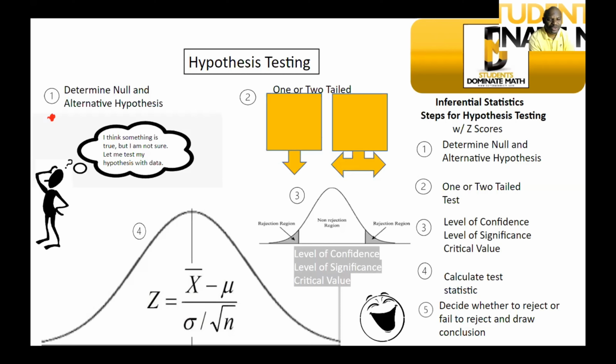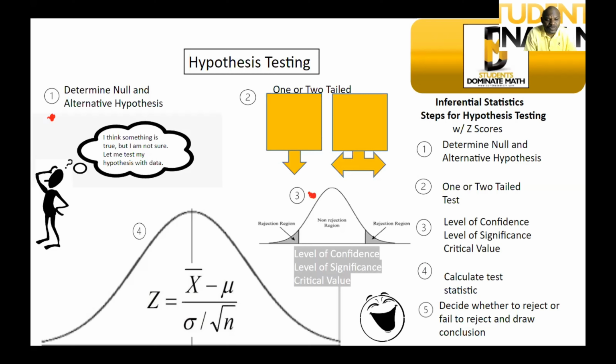Then for step 3, we knew we had normally distributed information. We determined a rejection region and a failure to reject region. For number 3 here, they're showing a two-tailed test, but we also showed you problems that were not two-tailed tests. We did things like find the level of confidence and the level of significance.